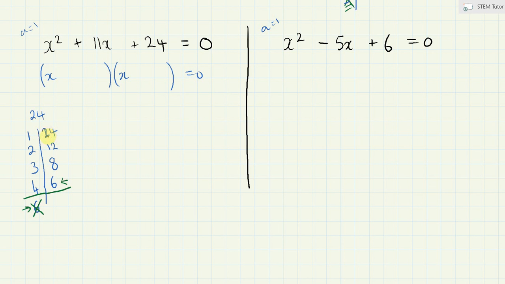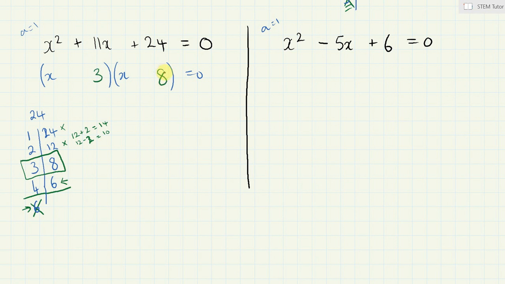Well, 24 and 1, there's no way I can get to positive 11. 12 and 2, if I had 12 plus 2, that would be 14, 12 minus 2, that would be 10, neither of them are 11, so again 2 and 12 doesn't work. 3 and 8, well, if I had 8 plus 3, I get 11. So the fact that I can reach that number with these factors means that these are the numbers for my brackets.